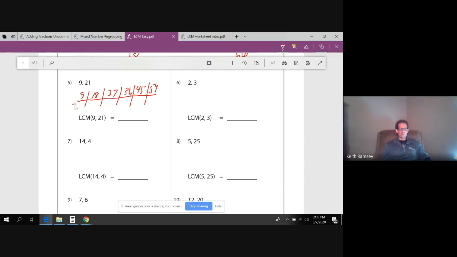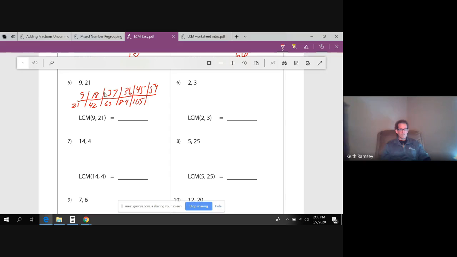Let's look at 21. 21 times 2 is going to be 42. 21 times 3 is going to be 63. 21 times 4 is going to be 84. 21 times 5 is going to be 105. And I'm looking for that common multiple between 9 and 21.